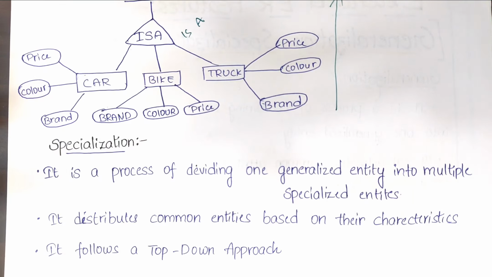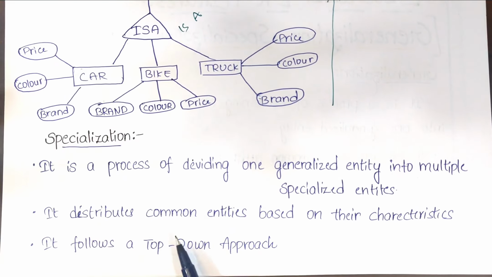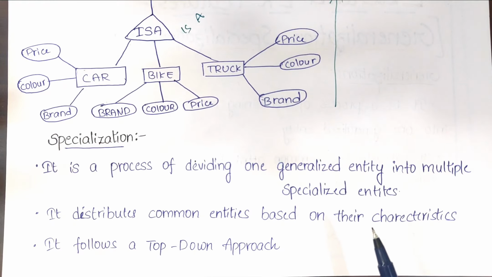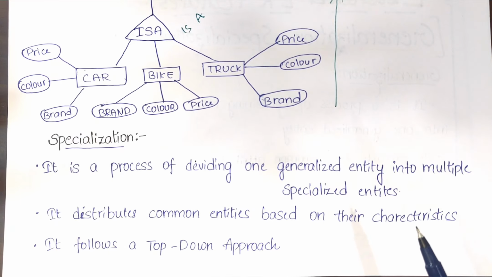When we consider the generalized entity employee, we need to look at its subclasses like manager, tester, and developer. Next, it distributes common entities based upon their characteristics. Every employee has individual characteristics like name, employee ID and salary, right? But every employee does not perform the same work. Some employees are managers, some are developers, some are testers. So we divide employees into different entities based upon their roles, and it follows a top-down approach.